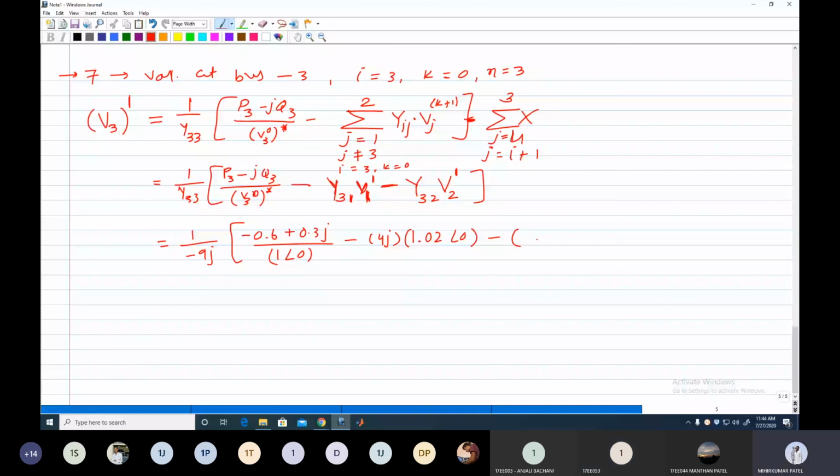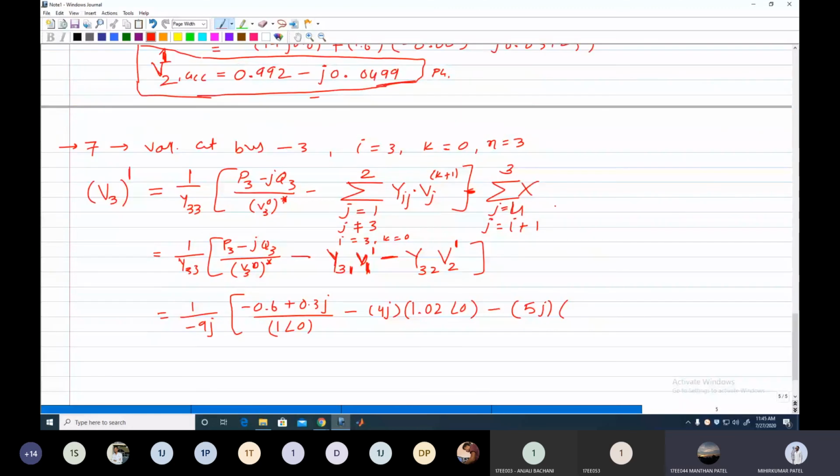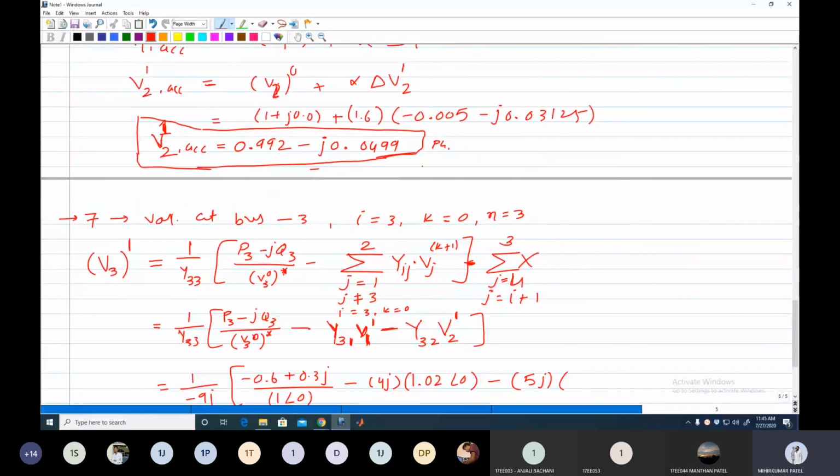And V21? V21? 0.99. Yes, you have to consider this, which you have derived from step number 7 or 9.